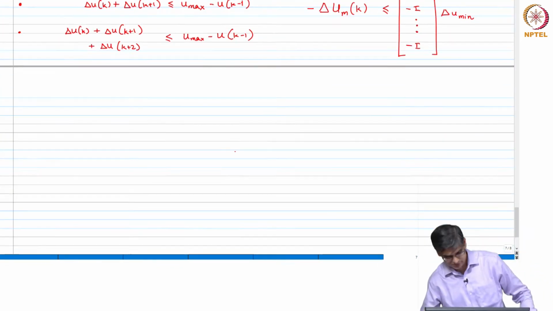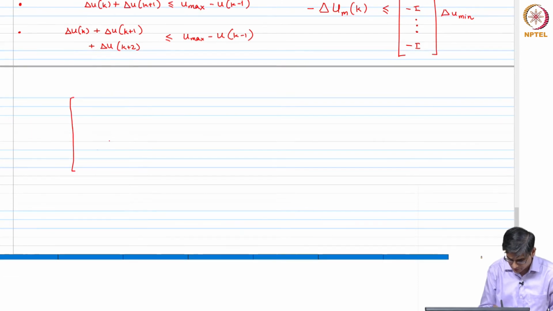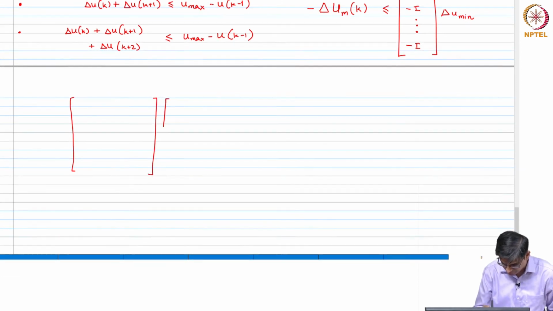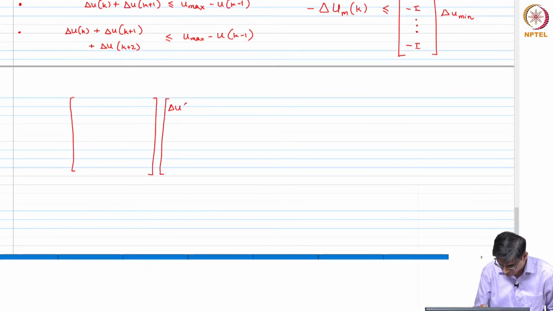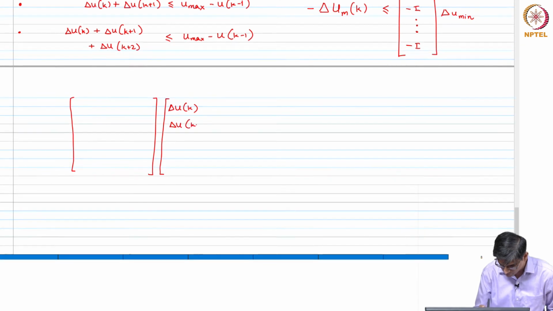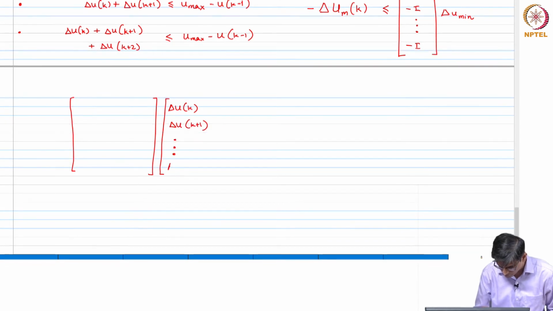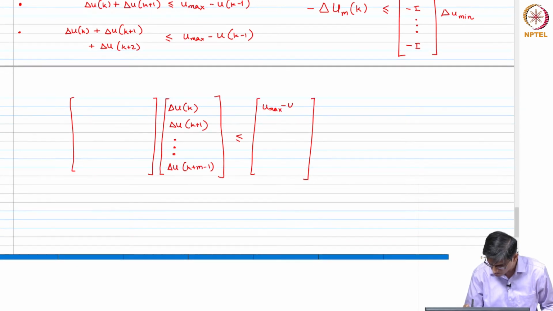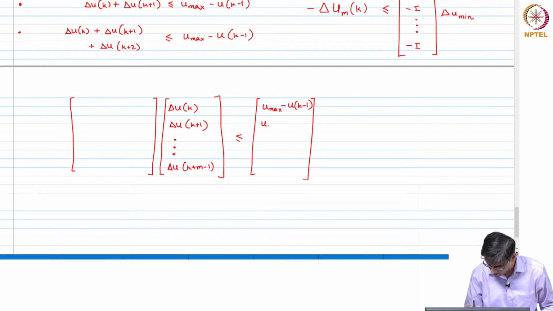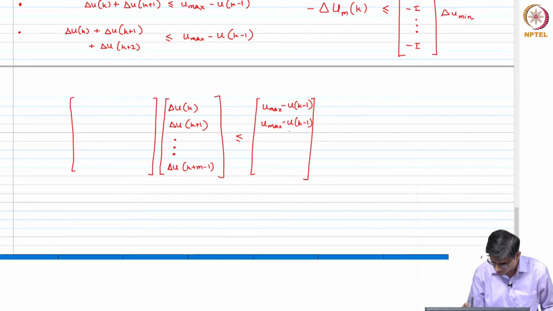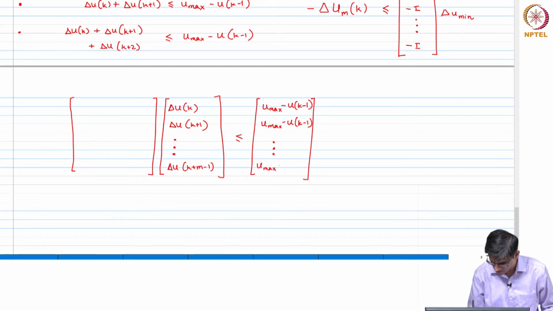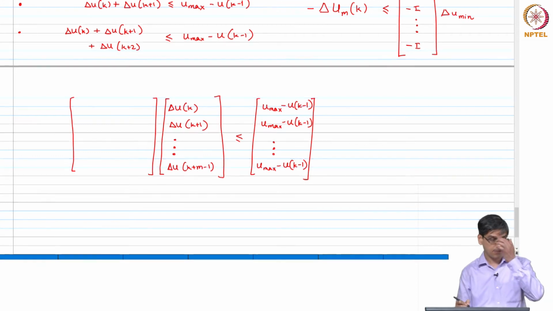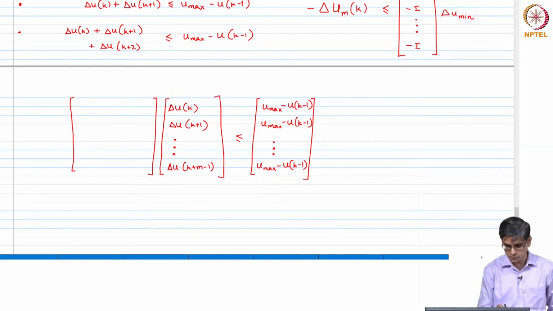All of these together we have to write in matrix form. What is going to be the first row?